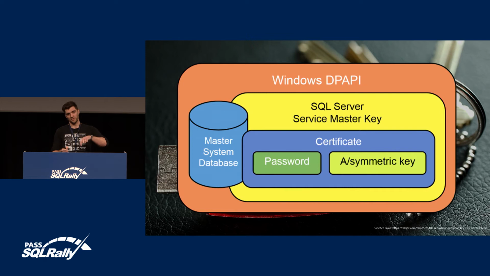And that SQL Server service master key is again encrypted by your SQL Server service account credentials in combination with the Windows Data Protection API. Okay? So, in fact, when you install SQL Server, it's going to create that service master key, which is unique for each instance.